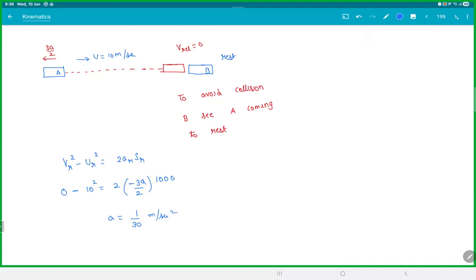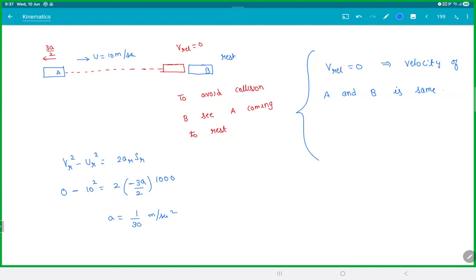Now, just to be a little more cautious here, when you say V relative is 0, this implies velocity of A and B has become equal. A didn't stop. In order to avoid collision, you need not stop. Think about this. Let's say you're running in front of me. You're running with 10 meter per second. I am running with 10 meter per second. Can I ever catch you?